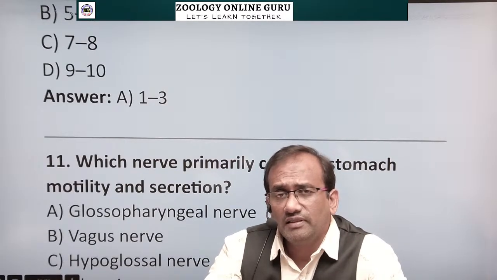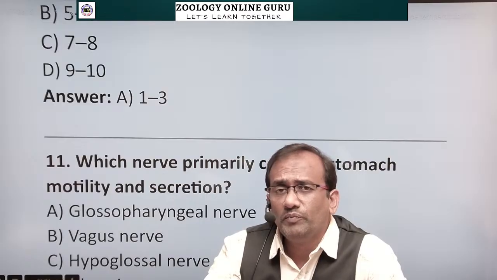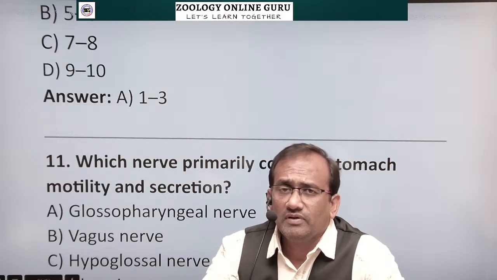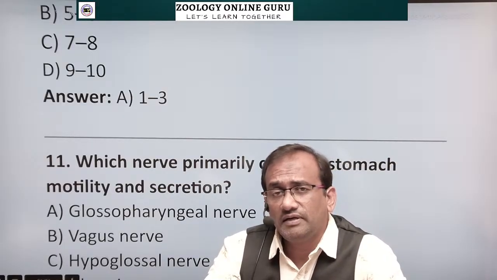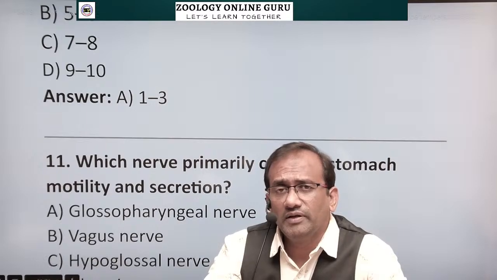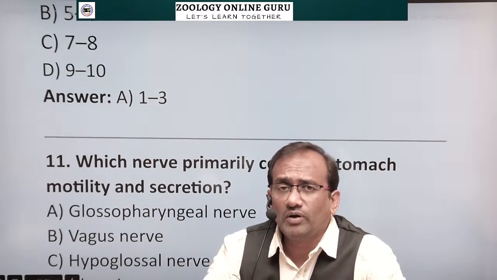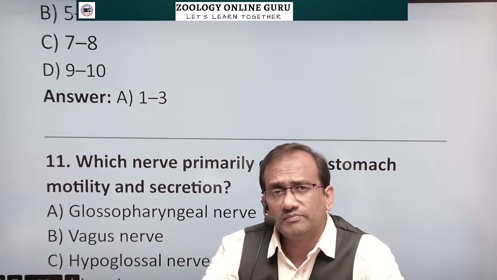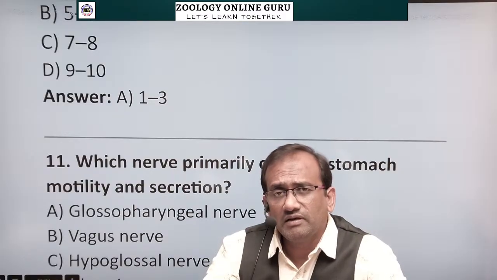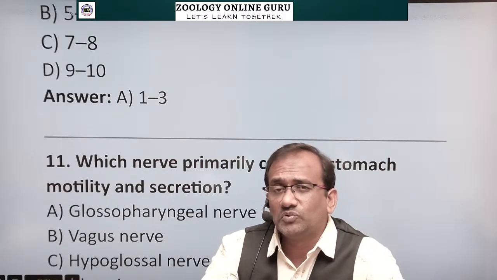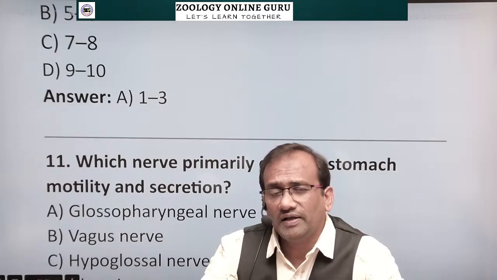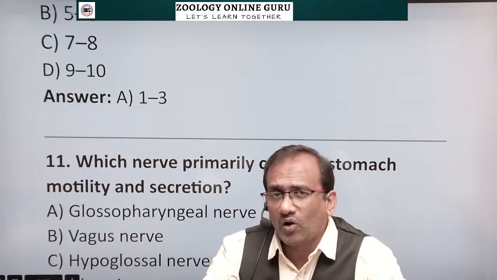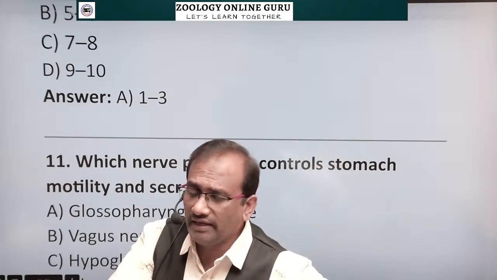Which nerve brings the information to control digestion, the motility and secretions of the stomach? It is the longest nerve, the 10th nerve in our body, controlling heartbeat, respiration, and digestion.